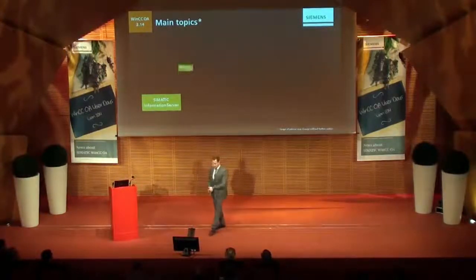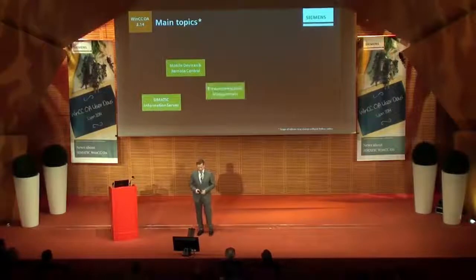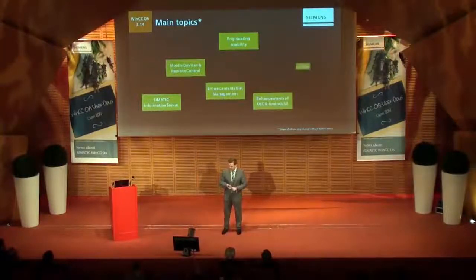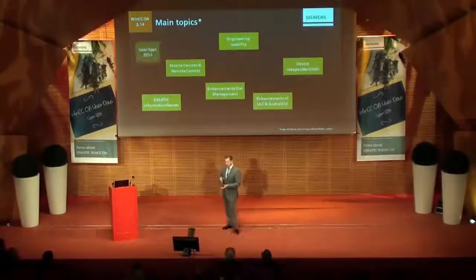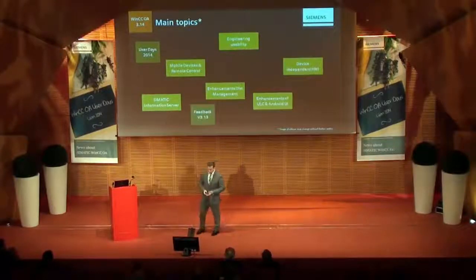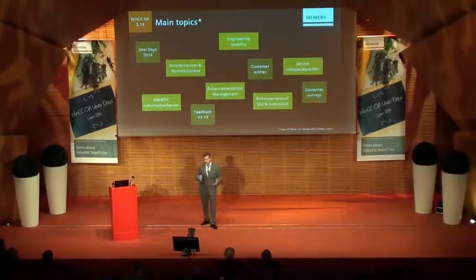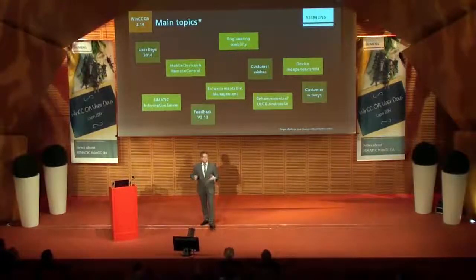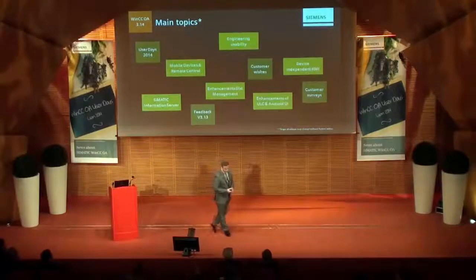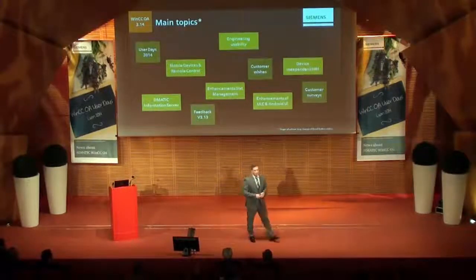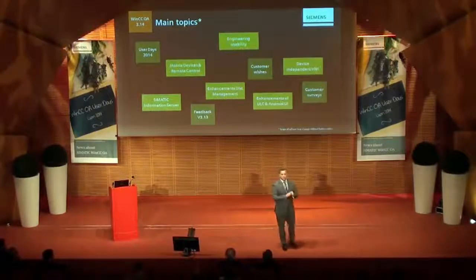We'll connect the semantic information server to our reporting tool. We will support more mobile devices, remote control, enhanced disk management, engineering usability, enhanced ultralight and Android UI, device-independent HMI, and the dark green parts, that's exactly why you're here, because we need your feedback.